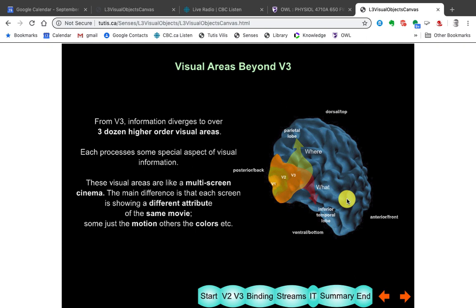You walk in, and all the screens are playing the same movie, but each screen is different. One plays whatever motion is happening in the scene. One plays whatever colors are happening in the scene. And there's all kinds of other attributes that the different regions are specialized for. So one area will fire for motion, one area will fire for color.